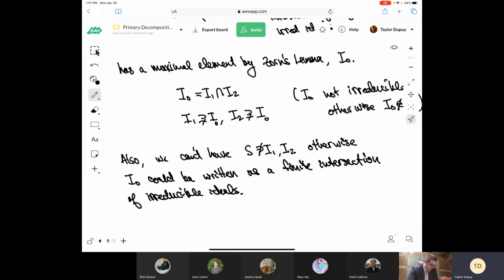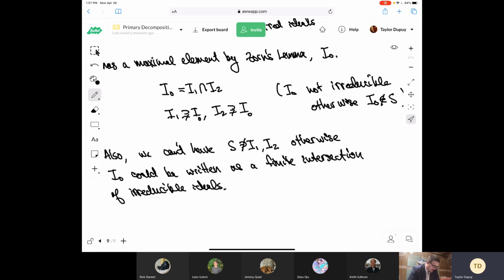So if they're both not contained in S, what's going to happen? Well, that means that I1 and I2 can be written as a finite intersection of irreducible ideals. And if they both can be written as a finite intersection of irreducible ideals, then I0 can be written as a finite intersection of irreducible ideals. Cool?